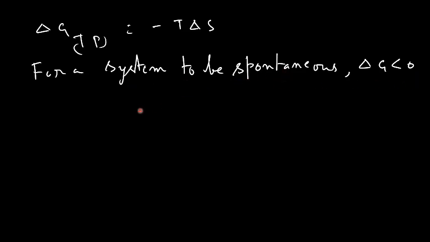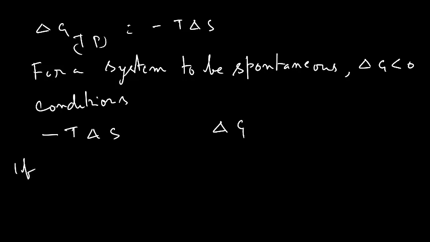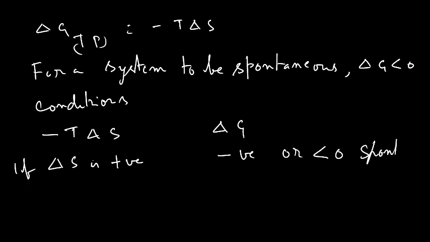Now let us see the conditions. Delta G equals minus T delta S. If delta S is positive, minus into plus is minus, therefore delta G is negative or less than 0, therefore it is spontaneous.